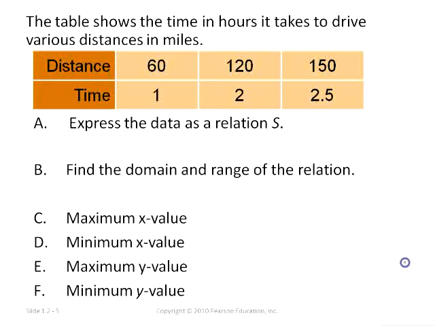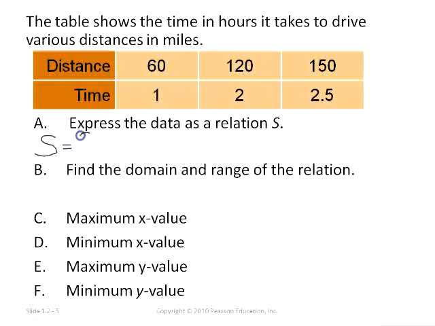Now here's an example of a relationship between distance and time. It shows the time it takes to drive certain distances. Okay, so if your distance is 60, it says the distances are in miles, it takes 1 hour. If the distance is 120 miles, it takes 2 hours, and so forth. Express the data as a relation.